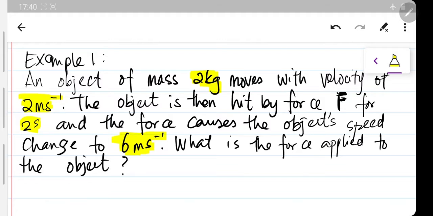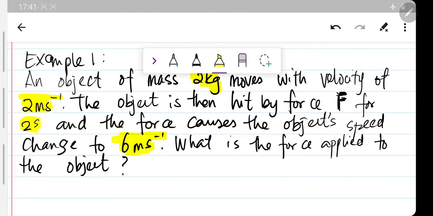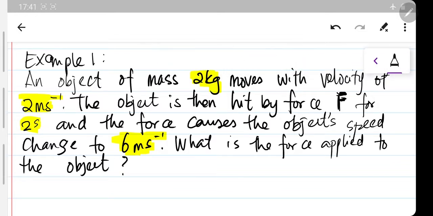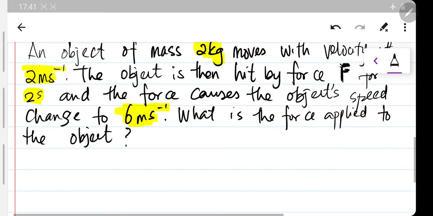As I always mention to you guys during class, you must be able to visualize the problem. Now, when you look at the question, we start thinking about how that object moves. Alright, let's say this is the object.